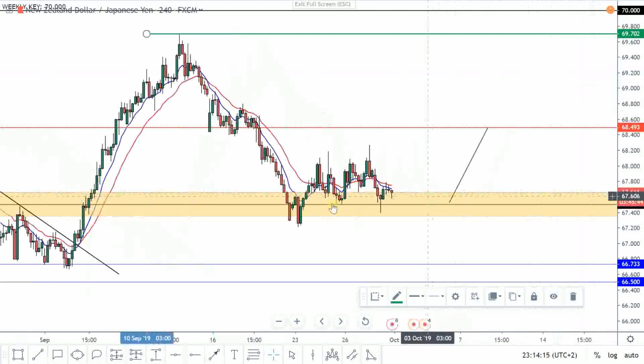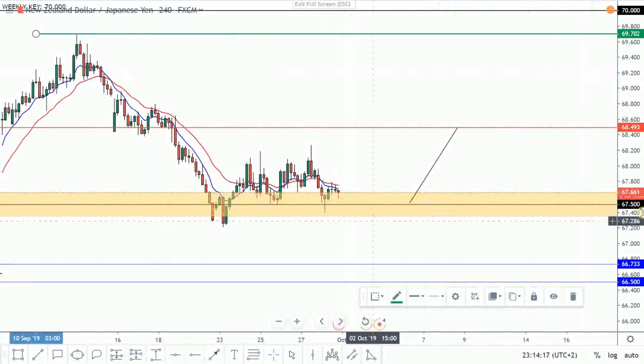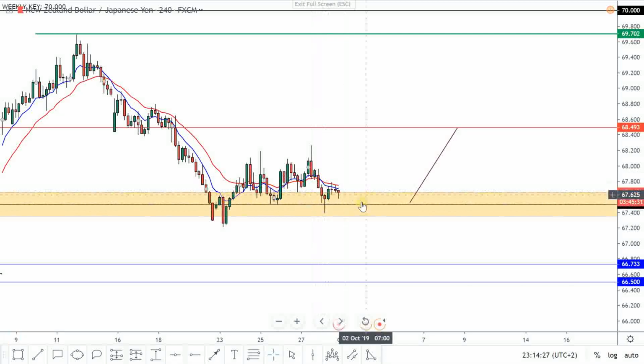So let's wait for the price to come up again over here at 67.500 and do a nice price action such as this hammer that shows an area of support for the price, and then we can buy New Zealand JPY, take our first target at 68.500, and the final target will be at 70.